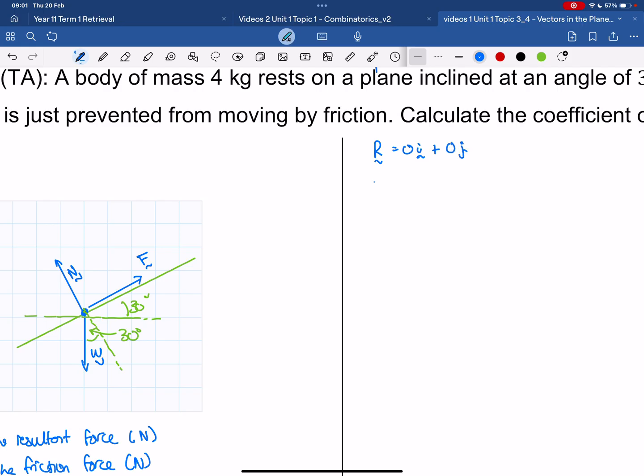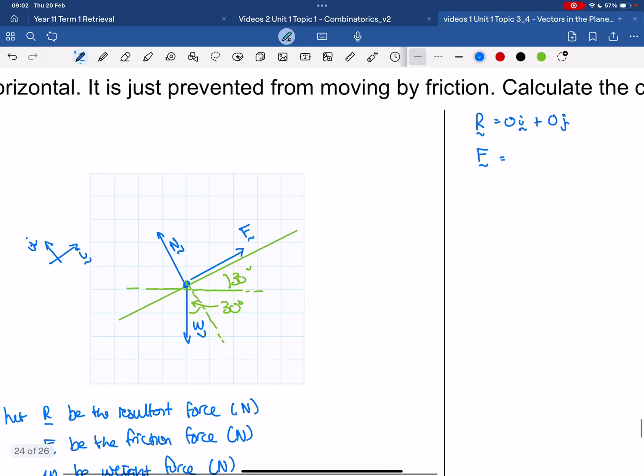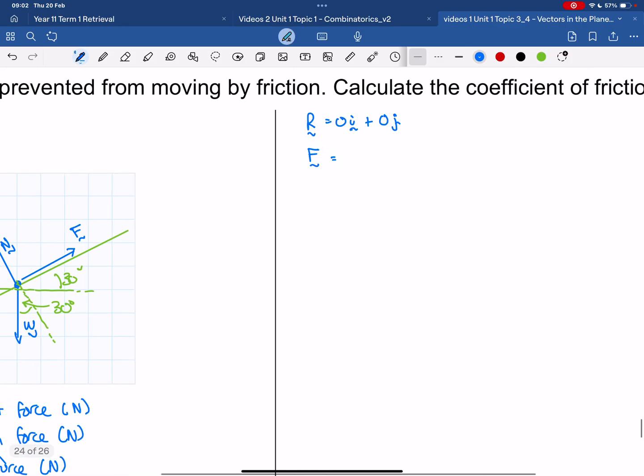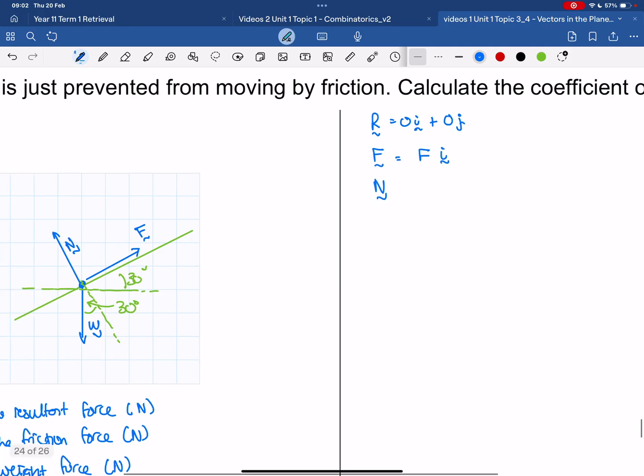Our frictional force is easy to do because it is just in the positive i direction. Notice with my twisted axes, it's just going to be Fi. My normal force is in the positive j direction, so it'll just be Nj, and my W is going to be, well, now I need to find my components.